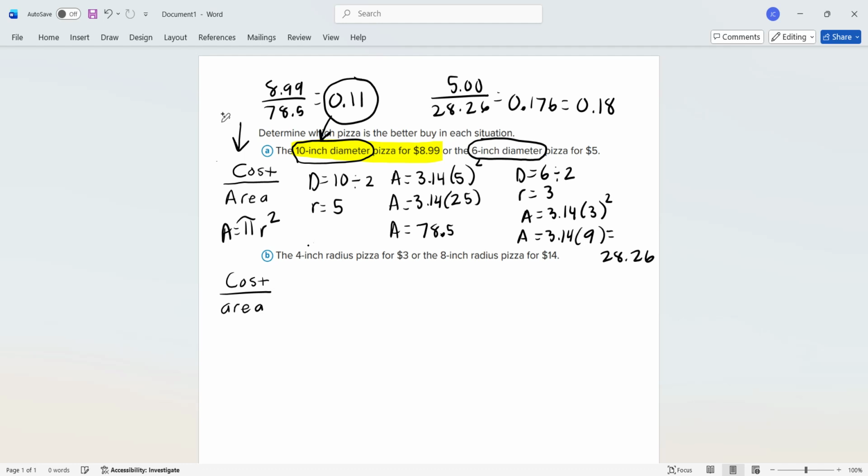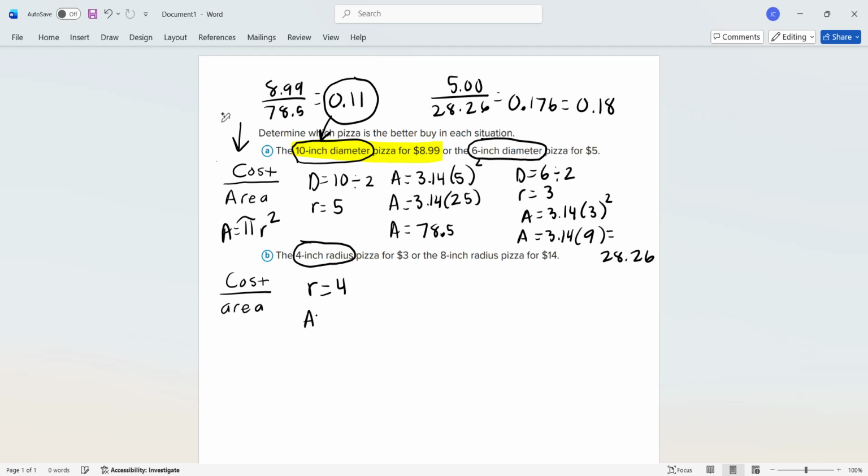So in the first part, it says the 4-inch radius pizza for $3 or the 8-inch radius pizza for $14. Well, if I start with the first part, I have a 4-inch radius pizza. So I automatically know my radius is 4. It's not a diameter, because if it was a diameter, it would say that. But now I'm working with a radius. So I already know my radius is 4, so I don't have to really touch that.